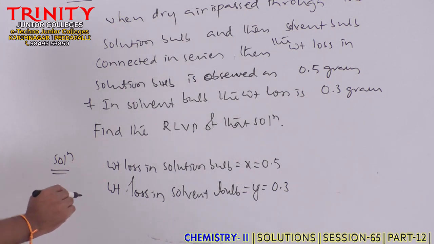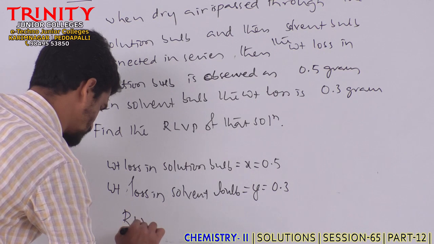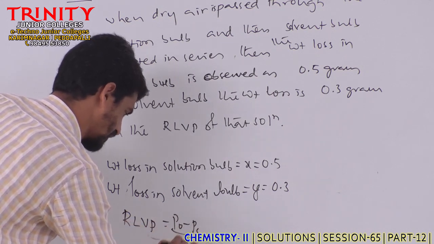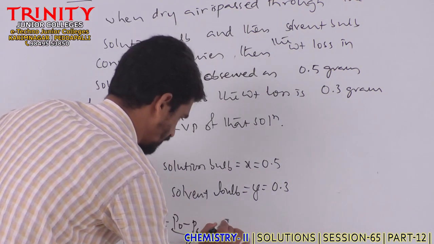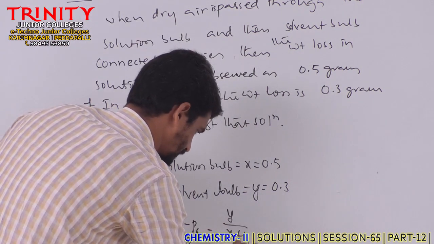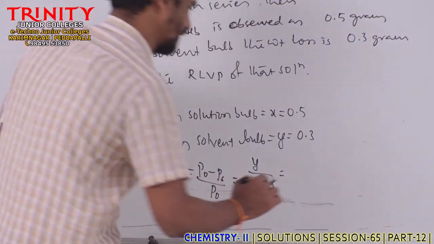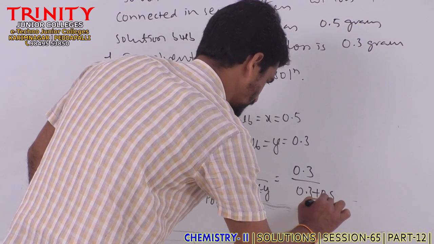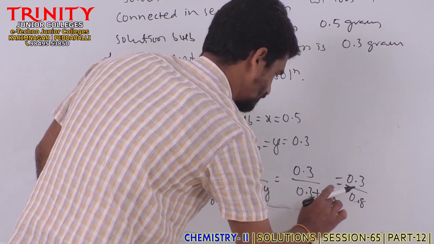Now what are you asked to find? You are asked to find RLVP. Then RLVP, that is (P0 minus PS) by P0, equals Y by (X plus Y), weight loss in solvent bulb by total weight loss. That is 0.3 by (0.3 plus 0.5), that is 0.3 by 0.8.